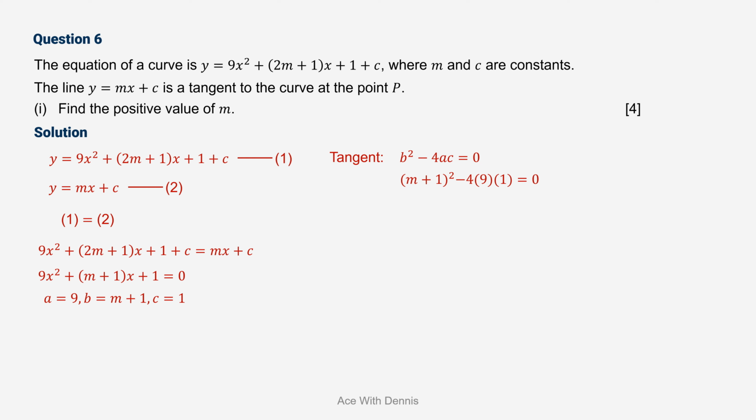Substituting, I get (m plus 1) squared minus 4 times 9 times 1 equals 0, which means (m plus 1) squared minus 36 equals 0, so (m plus 1) squared equals 36. Since I want the positive value of m, m plus 1 equals the square root of 36, and m will be 5.